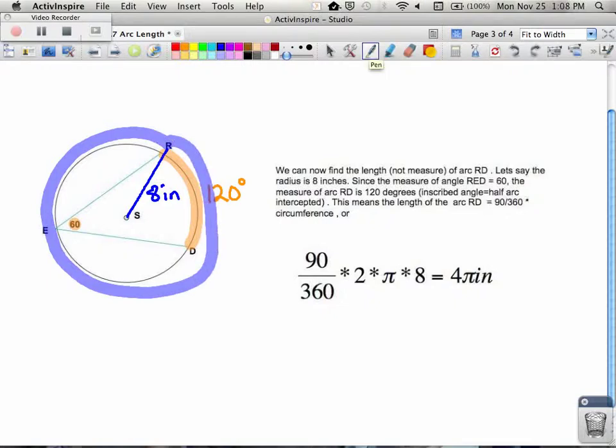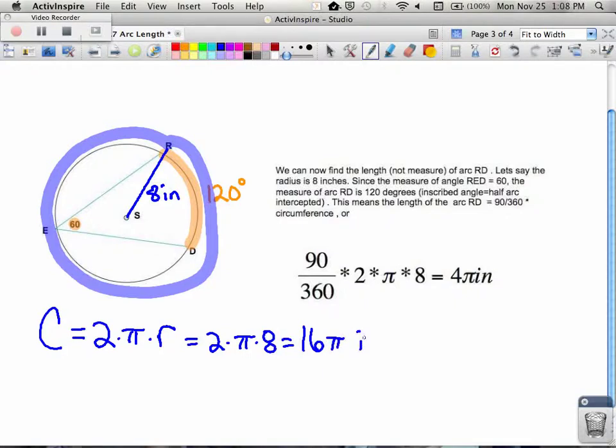The circumference is equal to 2 times pi times the radius. So with a radius of 8 inches, this would be 2 times pi times 8, which, if you multiply the 8 and 2 together, is 16 times pi. And since I'm going around in inches, I would say inches, of course.